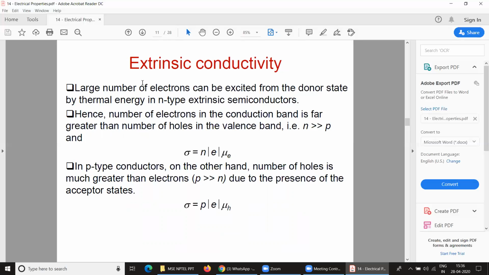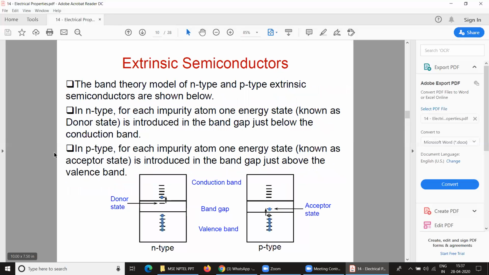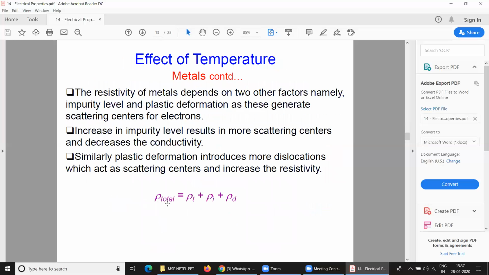And in p-type conductors, the formula is written below. On the other hand, the number of holes is much greater than the electrons, p is greater than n, due to the presence of the acceptor states. So go through the picture again. This is the donor state, and this is the n-type, and this is the acceptor state. This is p-type. Here holes are created, and here excess electrons are created.